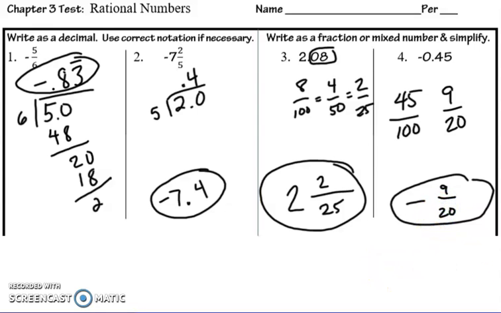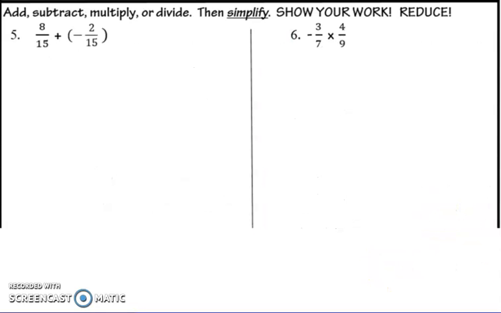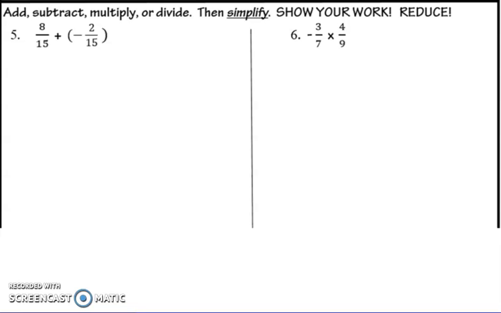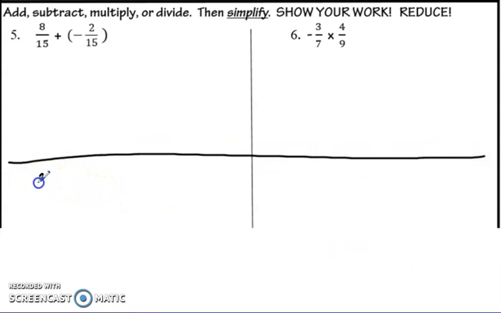There we go. Now for a little bit more review. Okay, so when you look at these next two kinds of problems, let me go and write this way. So we've got addition, we've got subtraction, and we've got multiplication and division.